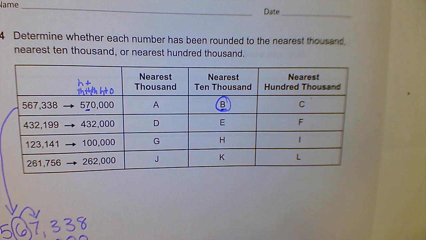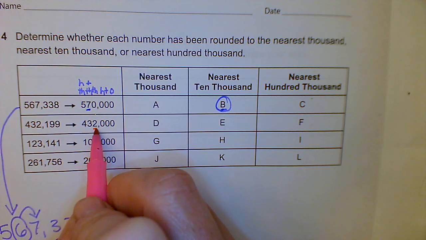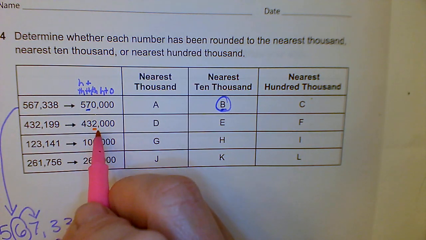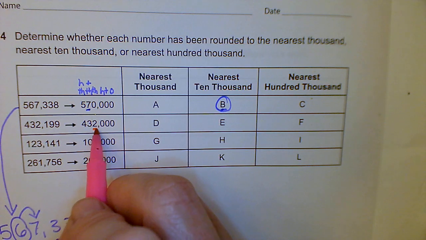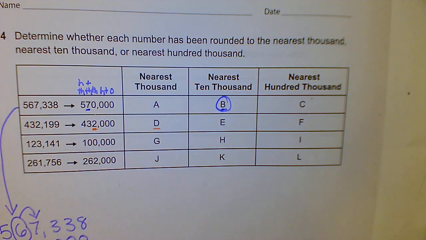So let's take a look at this one, 432,199. So my guess is, let's look, it ended in the thousands place right here. You can see that's my last digit greater than 0. So my hunch is that it's going to be the nearest 1,000. So I'm just going to put a little line under there to let me know that's my hunch. And then I'm going to try it out.